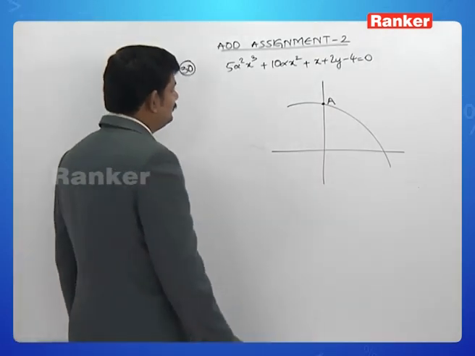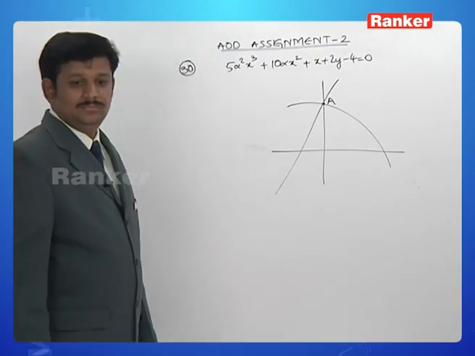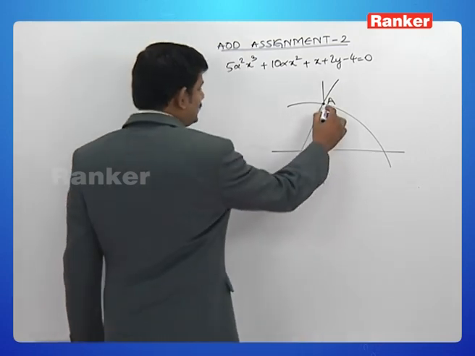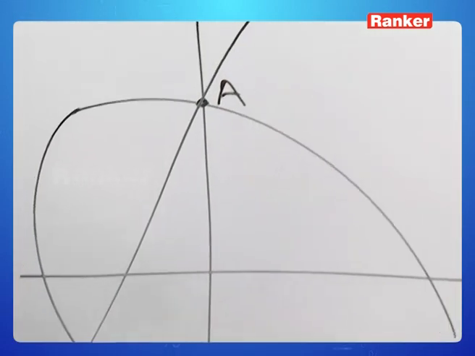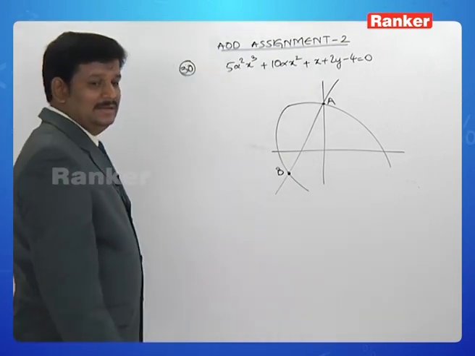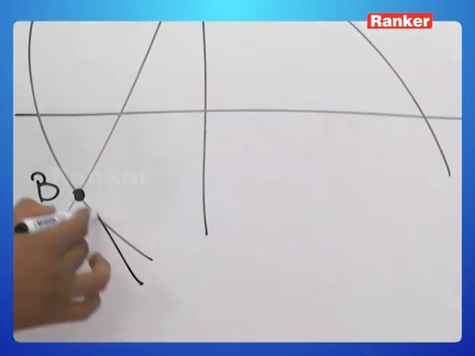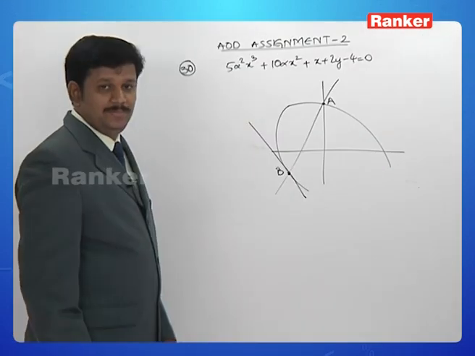At this point, we are drawing the normal, and if the normal cuts the curve again at point B, we need the equation of the tangent at the point B.